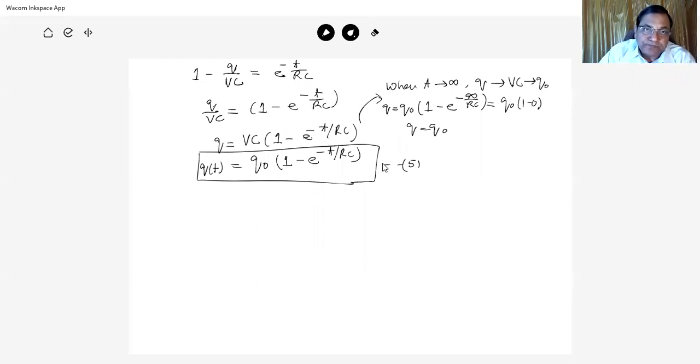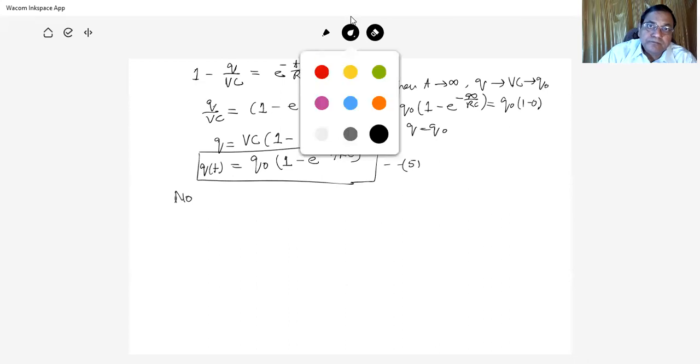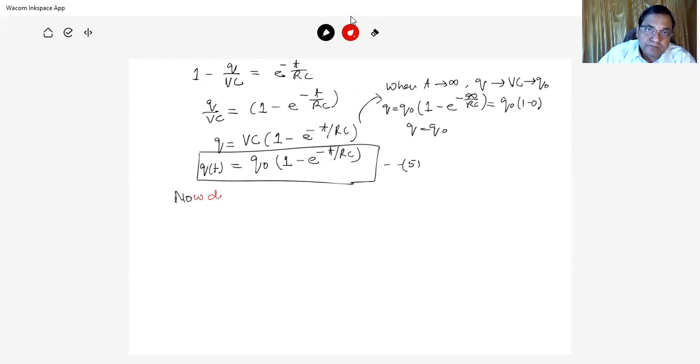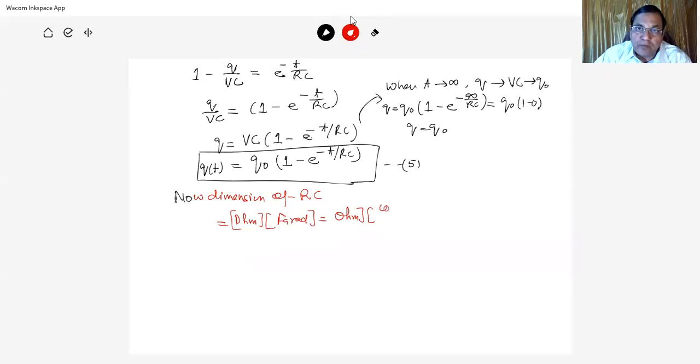Now dimension. Dimension of RC. R is ohm and C is farad. So this is ohm, and farad is coulomb upon volt.